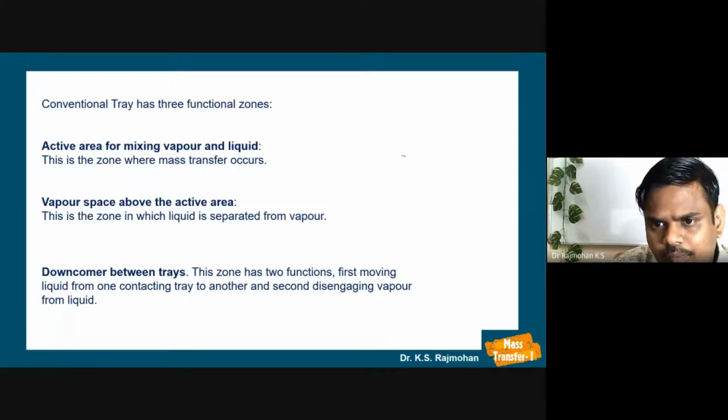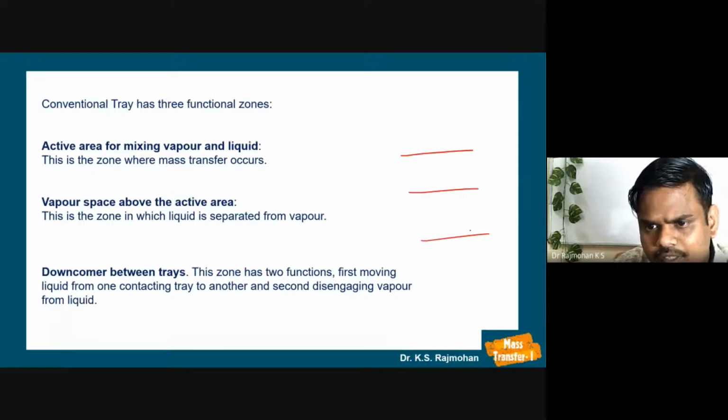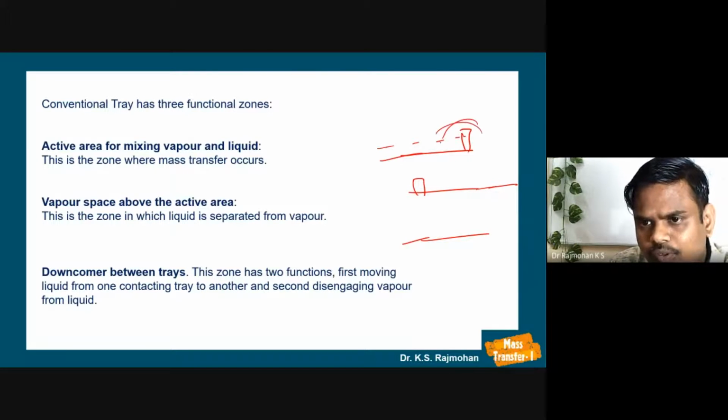So what will happen is we will have a number of trays, and we will be holding up the liquid in them, so there will be overflow of the liquid. Whatever is overflowing will come here, and from here it will overflow and reach here.